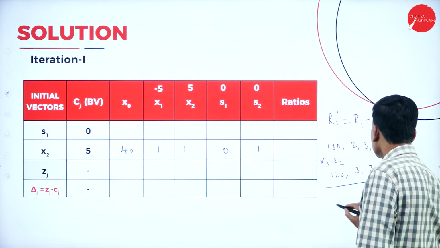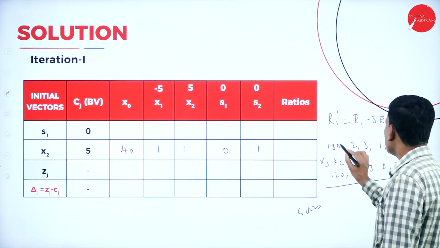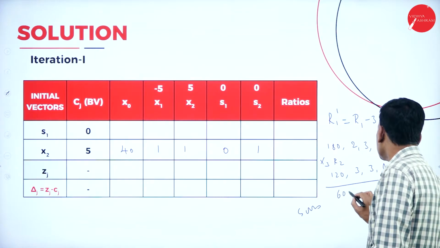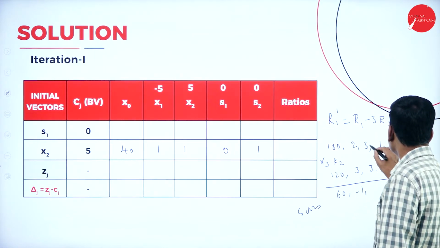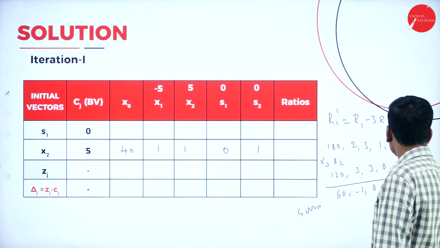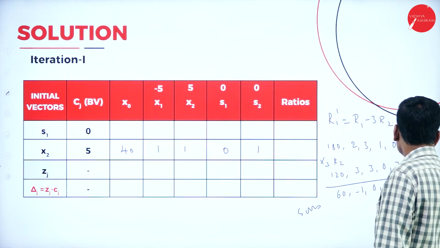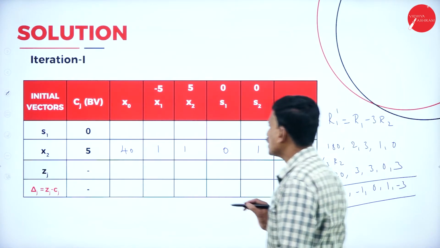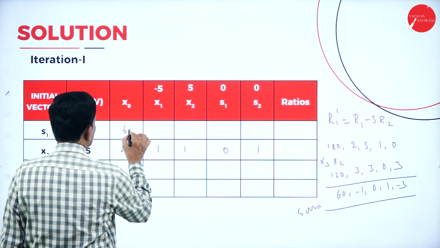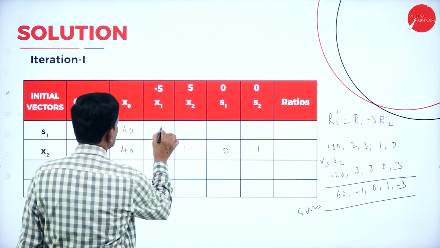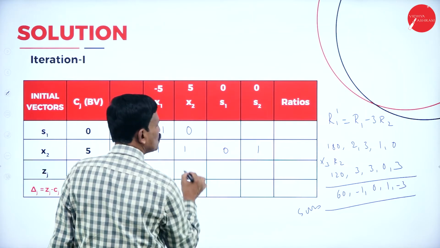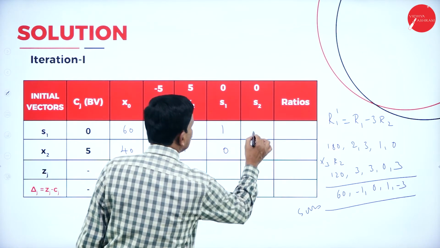Subtract this. If you subtract, what you will get? 180 minus 120 is 60, 2 minus 3 is minus 1, 3 minus 3 is 0, 1 minus 0 is 1, 0 minus 3 is minus 3. So these are the values you are going to write. I will put here 60, minus 1, 0, 1 and minus 3.